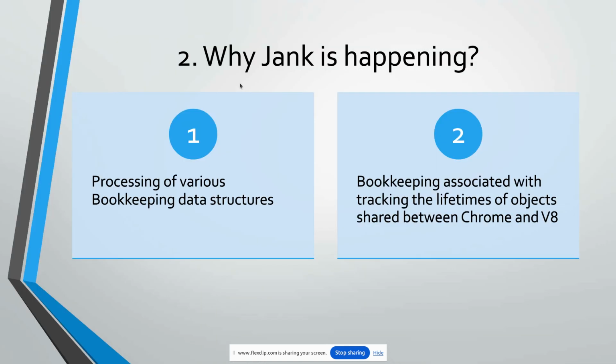So the meaning of processing various bookkeeping data structures is that there's a lot of metadata of data structures that needs to be maintained, and this is a lot of processing that causes jank.